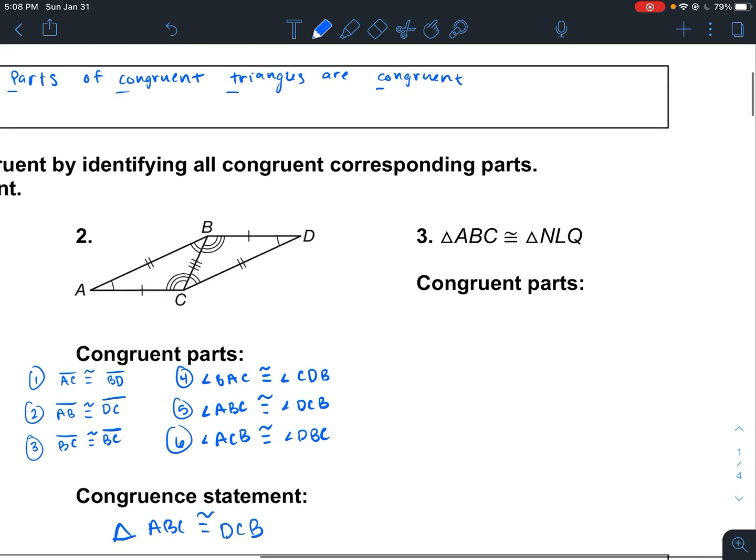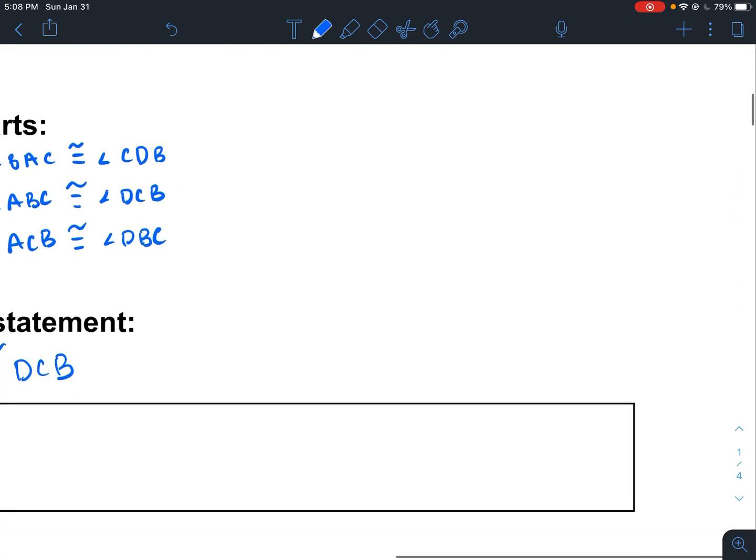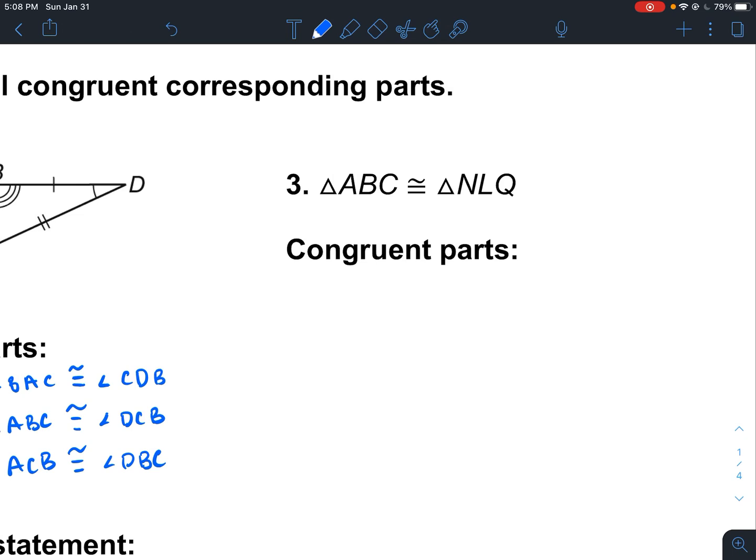Now for this one, instead of showing that the parts are congruent and then concluding that the triangle is congruent, we are given that two triangles are congruent. Now we need to write the corresponding parts. Okay, so here we have triangle ABC. I'm going to draw a triangle ABC. So there's one triangle right there.